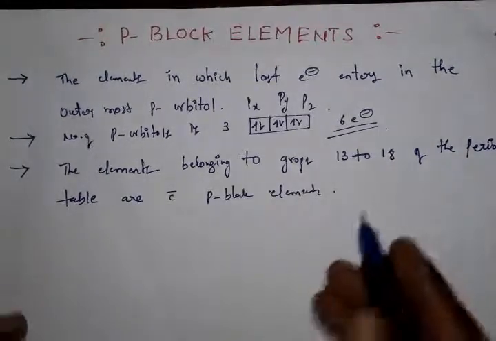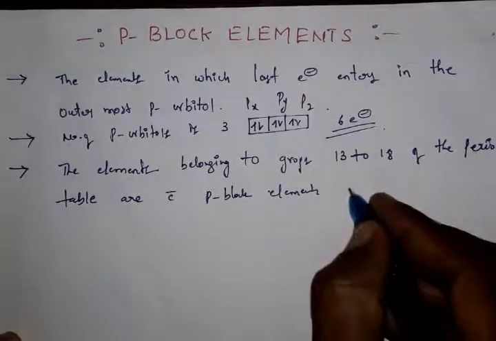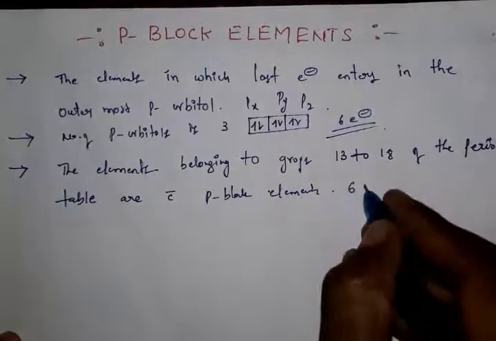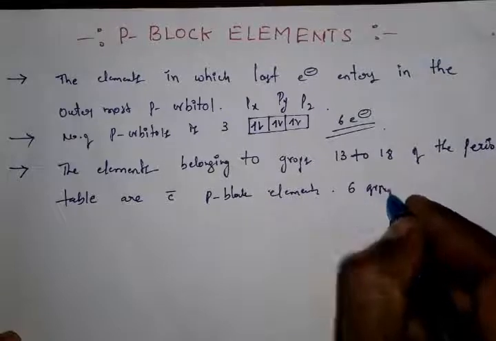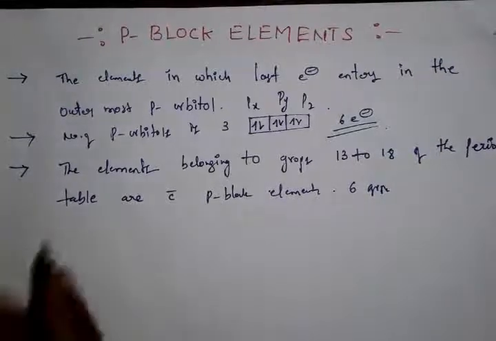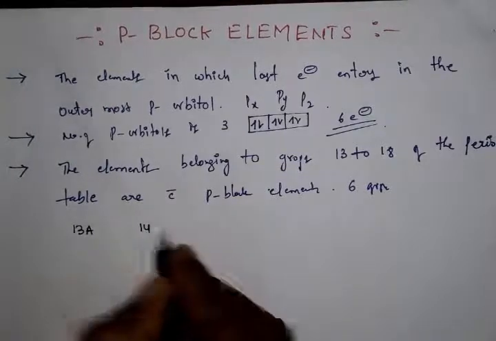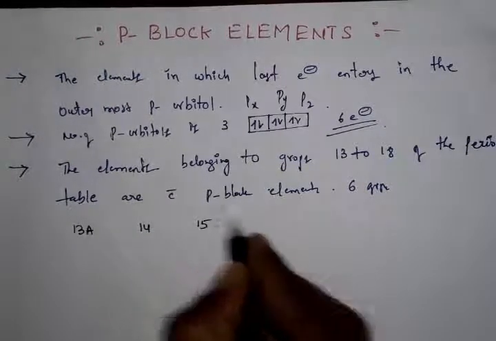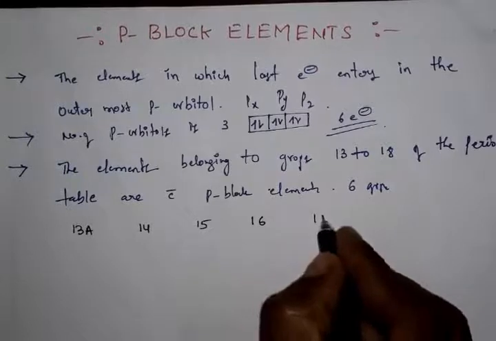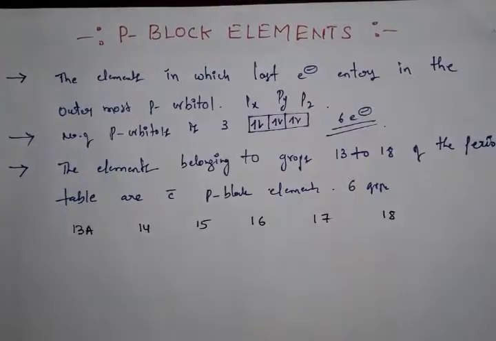So P block elements contain a total of 6 groups: the 13th group elements, 14th, 15th, 16th, 17th, 18th.